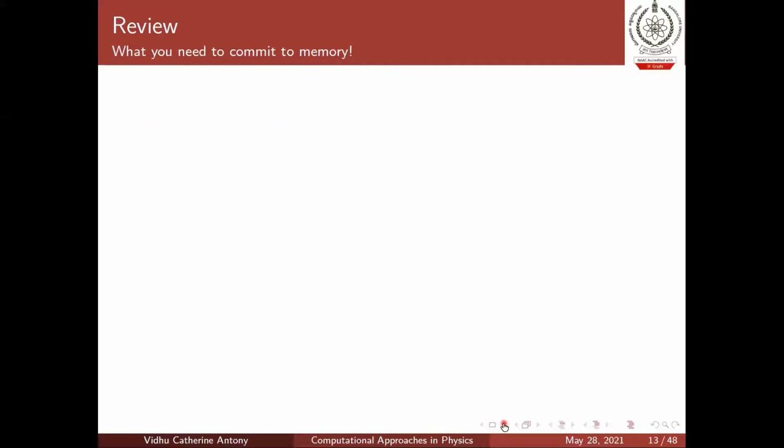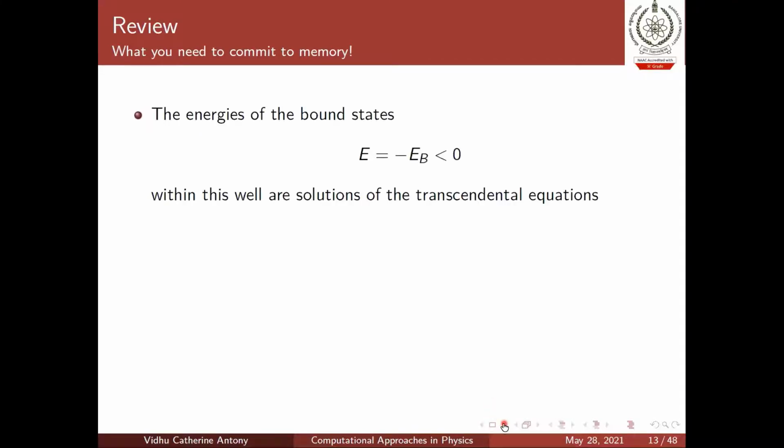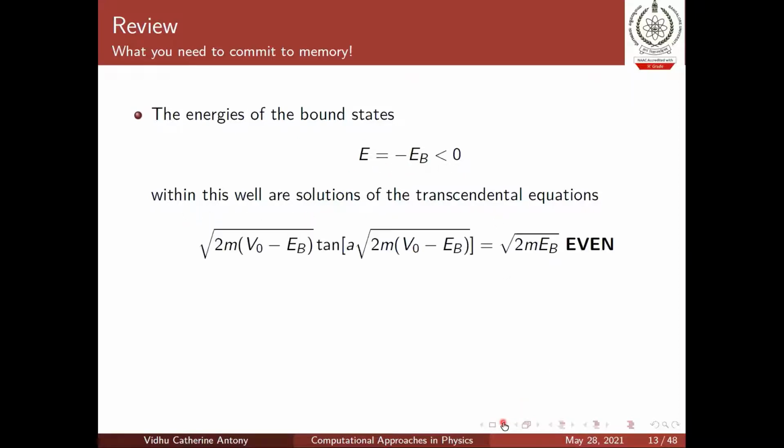Wait, let's just step back a moment. Before I show you the graph, let's just look at this. The energies of the bound states, E is minus EB, which is less than 0. These are well within the solutions of your transcendental equations. So what you need to remember is this, like I showed you in the last slide.